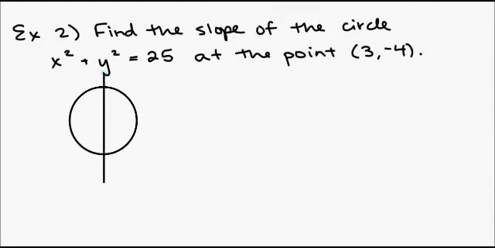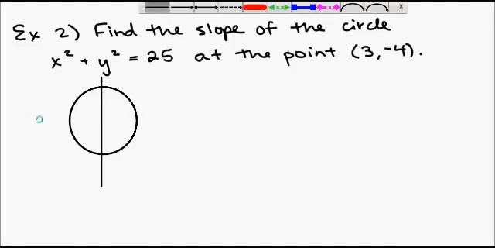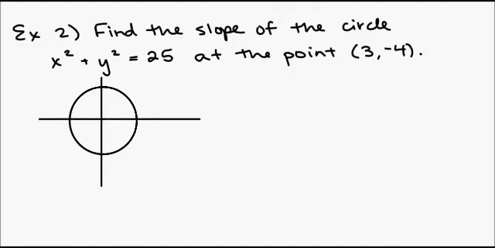If we were to write this as a function, you couldn't just write this as one function of x, because every x would only have one y value, and this does not pass the vertical line test. You could write this as y by itself, but it'd be a plus minus square root. We're going to use implicit differentiation.